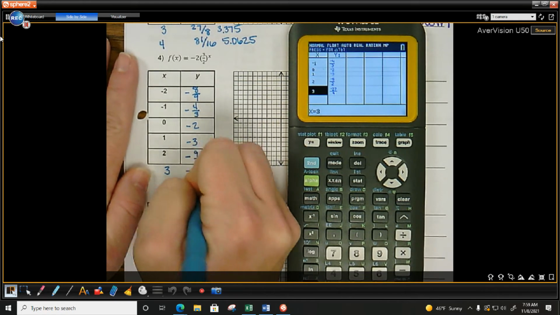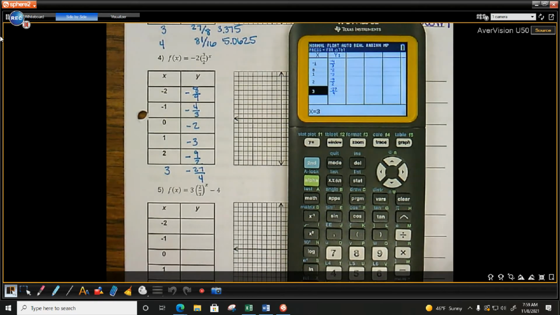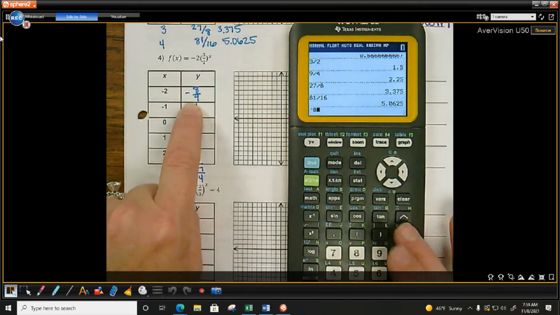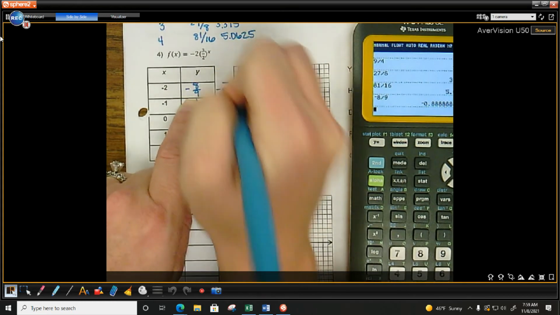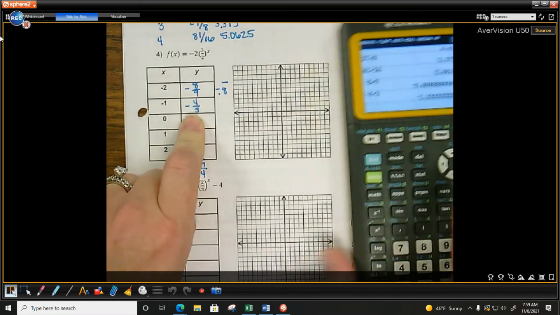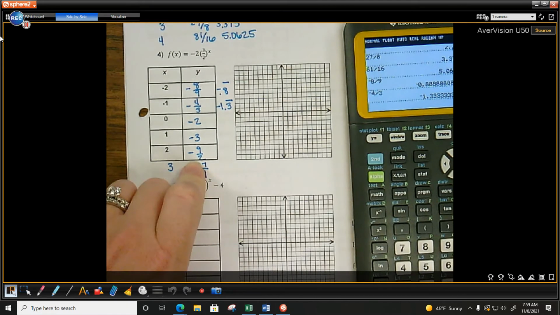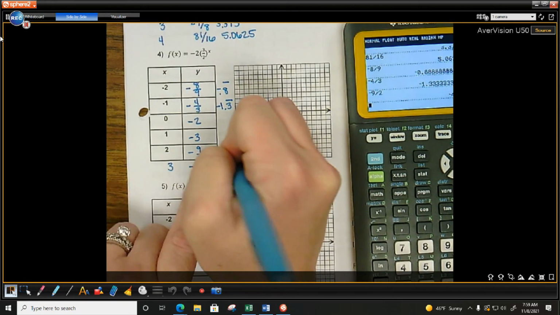Okay, I'm going to figure out what these fractions are. -0.8 repeating, -1.3 repeating, -4.5, and -6.75.